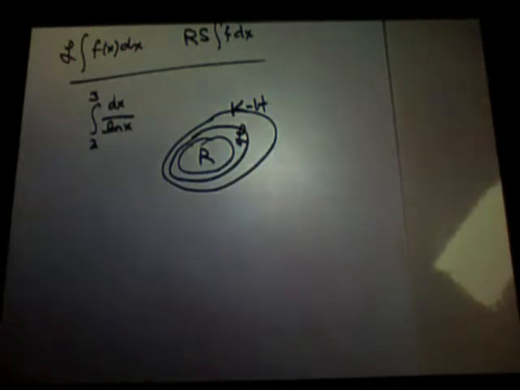In fact, neither one of them is as strong as Tom Apostol's modification of Riemann. Apostol, I think he's still alive. He was a professor of mine. Basically you do this: instead of the norm of the partition, you pick an epsilon.